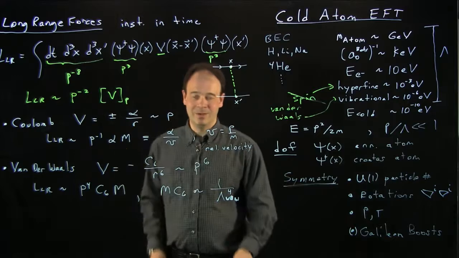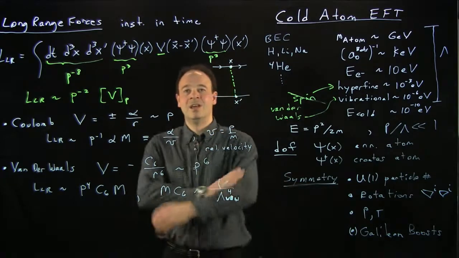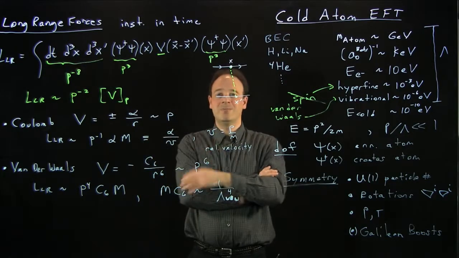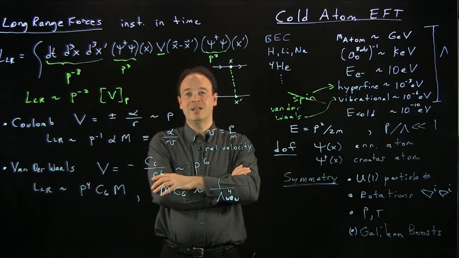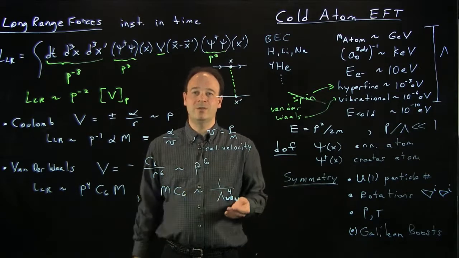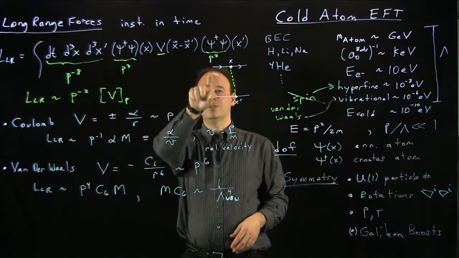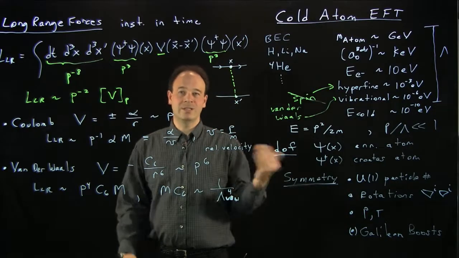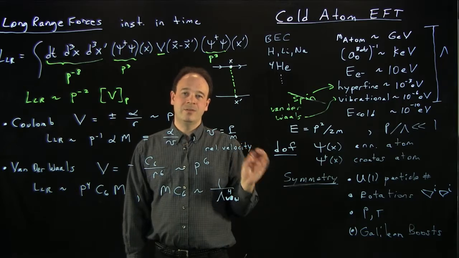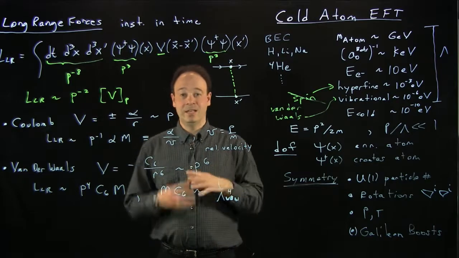You can now think about using this theory to make predictions. You could use this theory, for example, to study Bose-Einstein condensates. If we wanted to do that, we wouldn't be thinking about a system with the type of interactions we're having here, which is two particles in the system, like a scattering. We'd actually be thinking about the situation where we'd have a density.